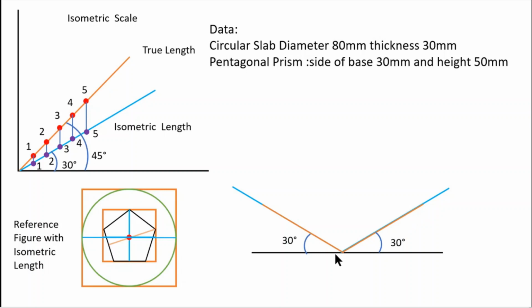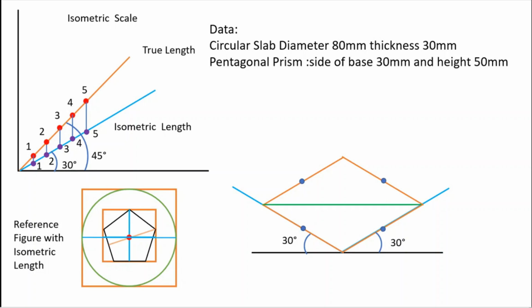Now I'll be taking distances on isometric lines, which are lines parallel to this axis. So through these endpoints, I'll be drawing lines parallel to the lines which I have already drawn, and this square is converted into a rhombus now, because I have drawn it along isometric axis or lines parallel to the isometric axis.